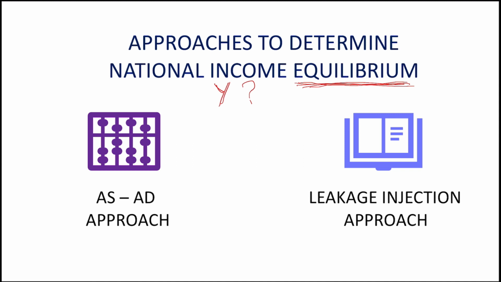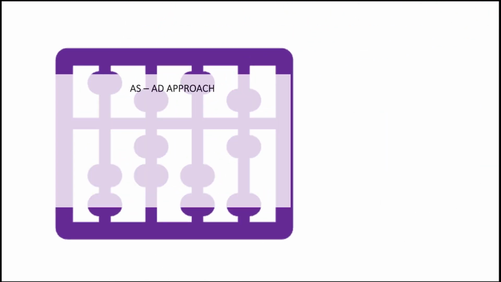So to get the national income equilibrium, there are two approaches, which is the aggregate supply equals aggregate demand approach, and the second one is the leakage injection approach. Okay, for the ASAD approach, we will find the value of Y when aggregate supply equals aggregate demand.